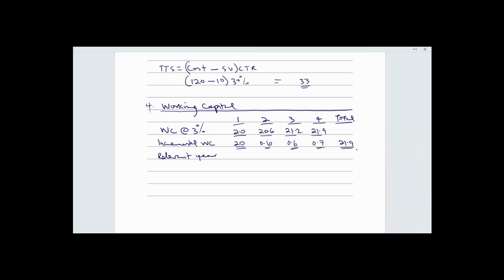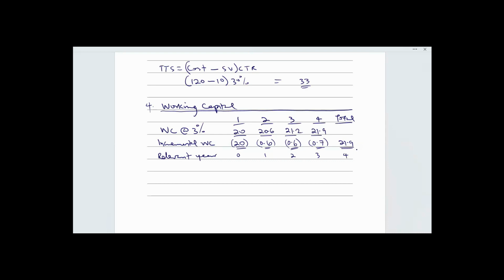Therefore, the working capital of the first year will be treated as cash outflow in year 0. The working capital of the second year, cash outflow in year 1. Working capital of the third year, cash outflow in year 2. Working capital of year 4, cash outflow in year 3. At the end of the useful life, you recover the entire working capital.